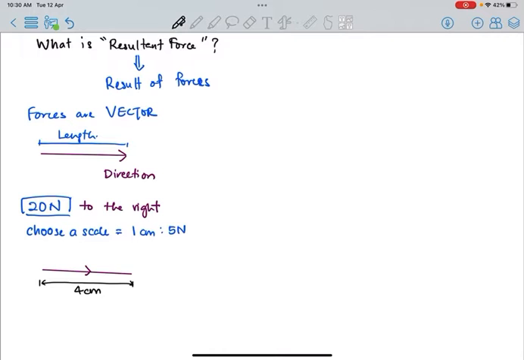Knowing that, we can come up with the basic idea of the resultant force. Of course, if we want to find the result of forces, we must have at least 2 forces acting onto an object.